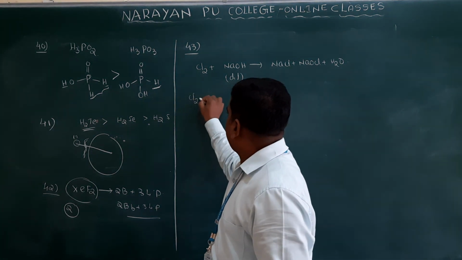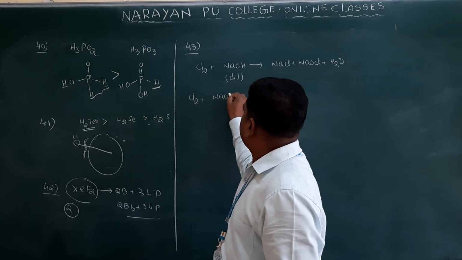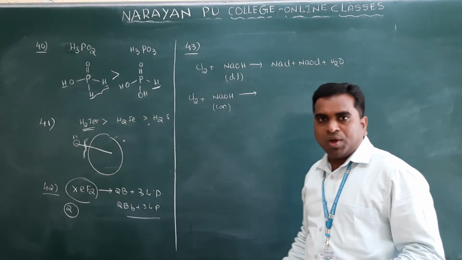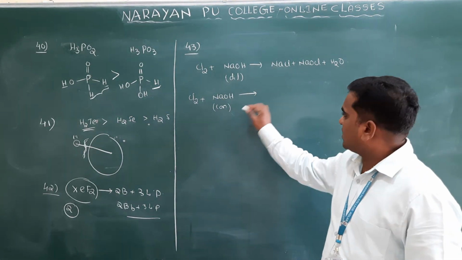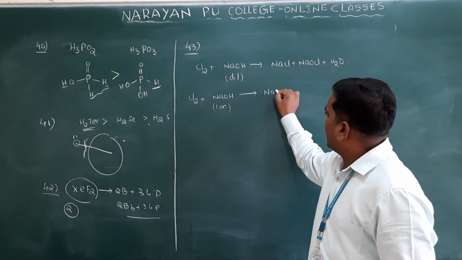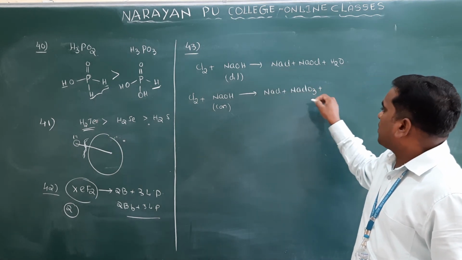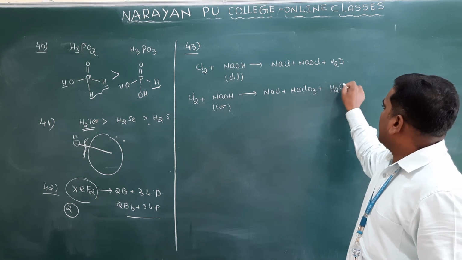But whenever it reacts with concentrated or hot NaOH, and I said this reaction is very important, you will get NaCl plus NaClO3 plus H2O.